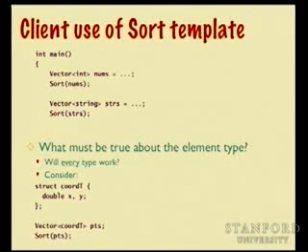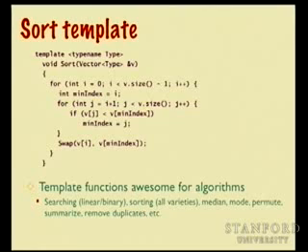If I go back to my coord example, if I have a vector of coord and I pass it to sort, and you think about instantiating this with coord all the way through here, this part's fine, this part's fine, but suddenly I get to this line, and that's going to be taking two coordinate structures and asking, is this coordinate structure less than another? And that code's not going to compile.